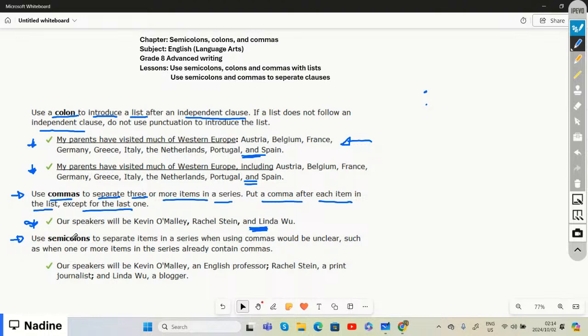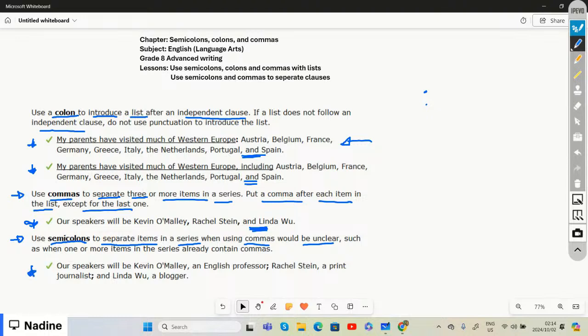Once again, we use semicolons to separate items in a series when using commas would be unclear, and we're going to look at how we can use it.